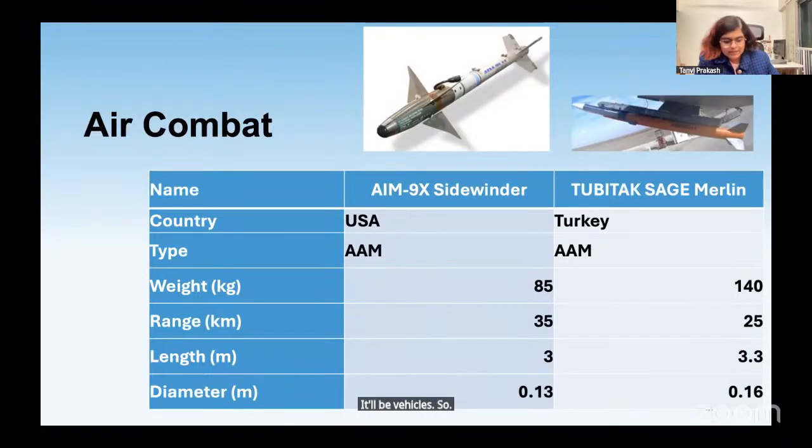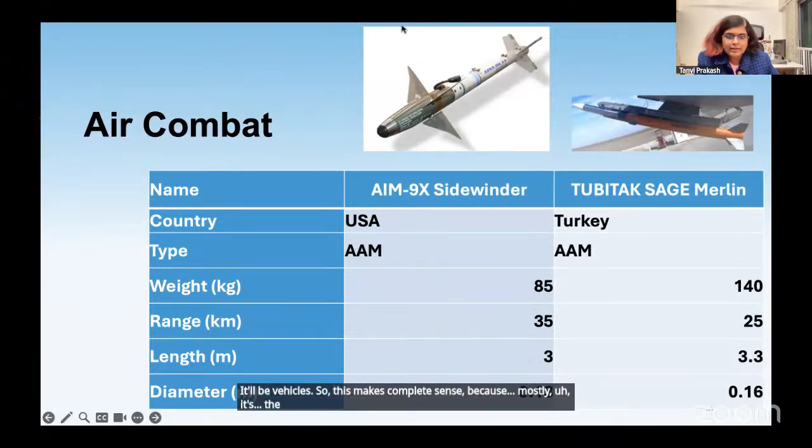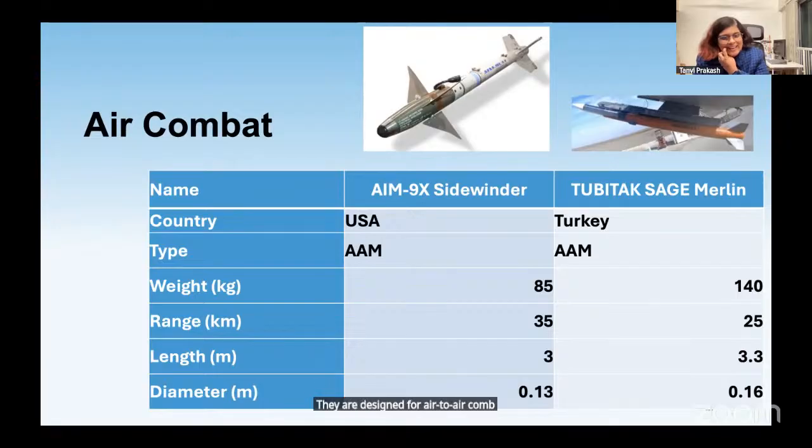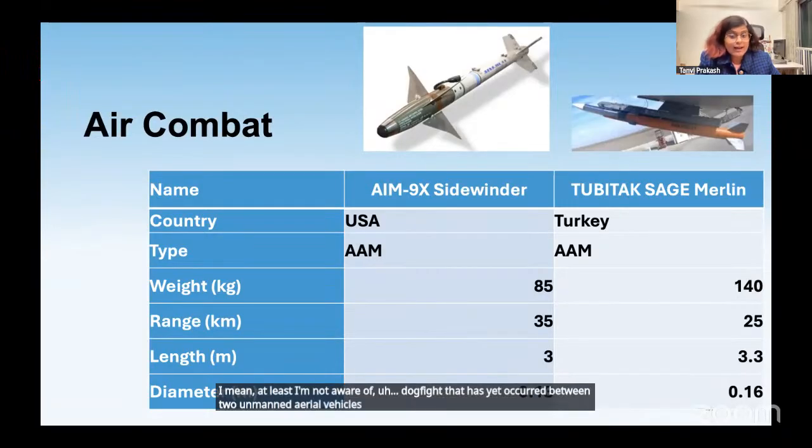So this makes complete sense because mostly it's the fighter aircraft which have been involved in air-to-air combat. They are designed for air-to-air combat, and very few UCAVs are. At least I'm not aware of a dogfight that has yet occurred between two unmanned aerial vehicles, but analysts say that the day is not far when that will happen.